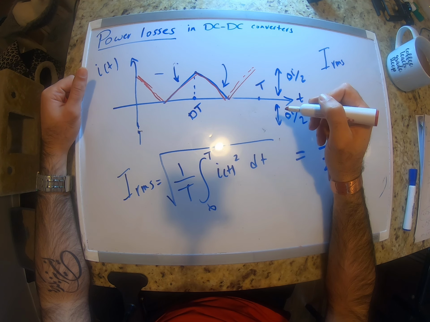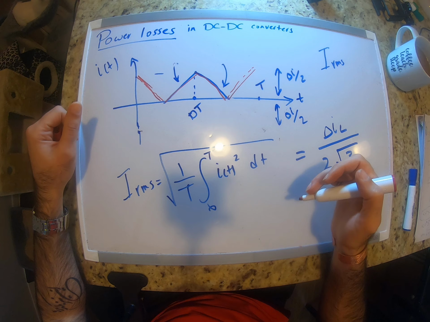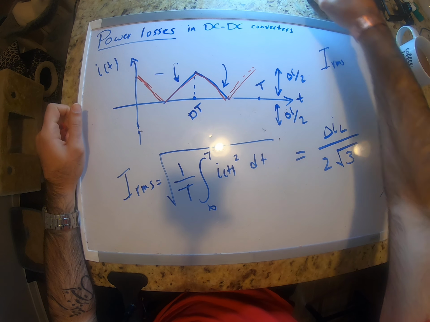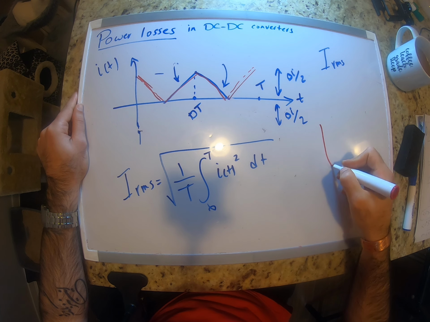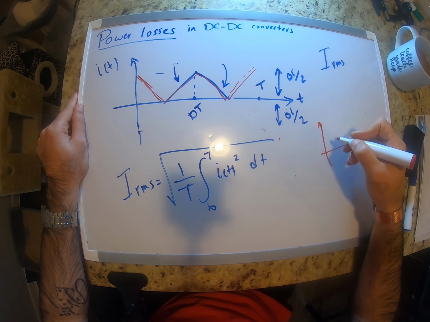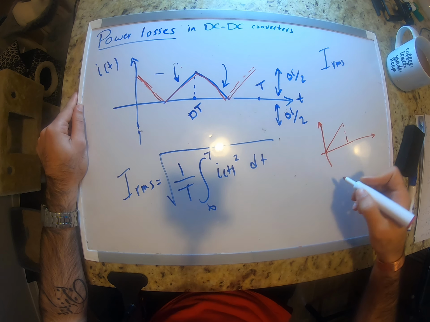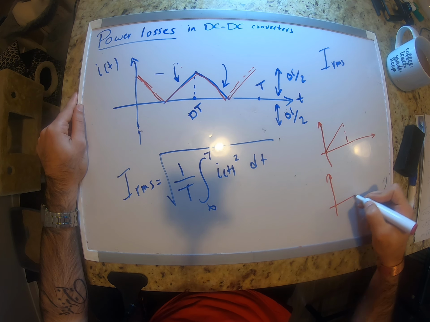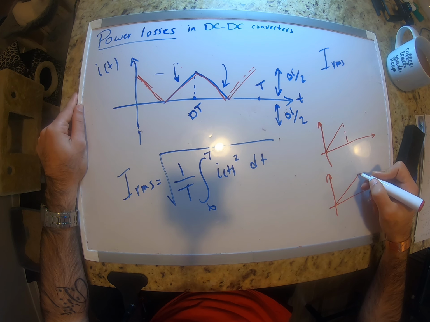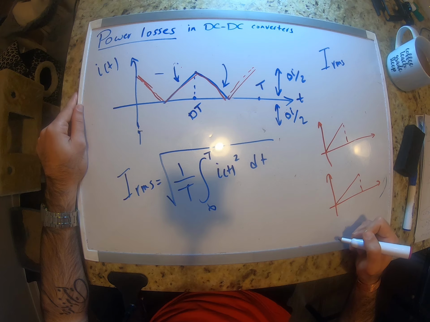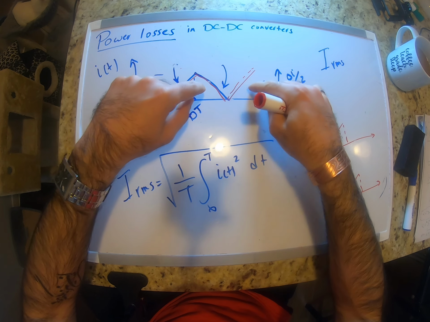So instead of finding the RMS of this function, I can just find the RMS of first this one, and then this one, right? And multiply by 2, because we have two of this and two of this, right?